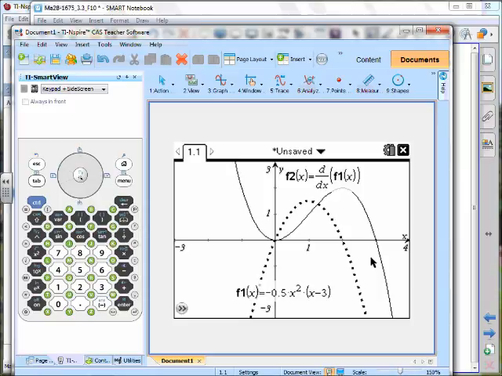Let's analyze the second derivative. Now, if you analyze the second derivative, which of these curves are we going to be going through and talking about?